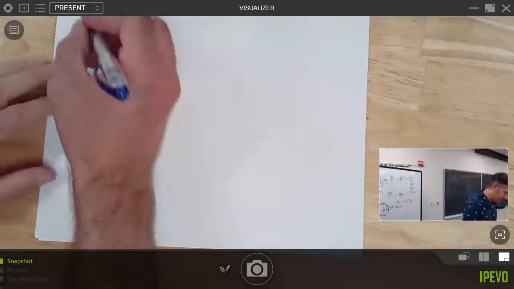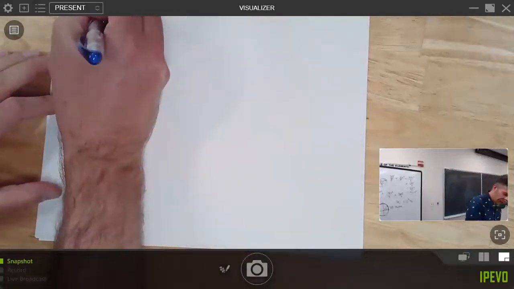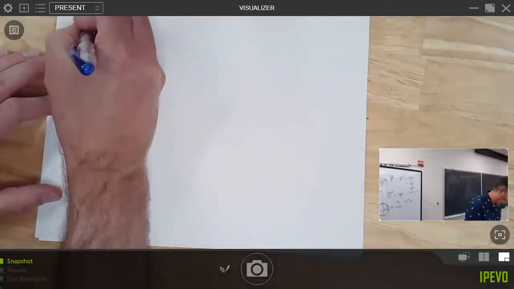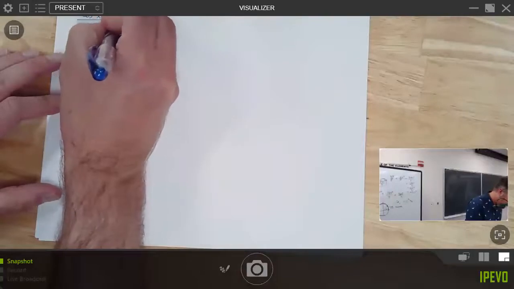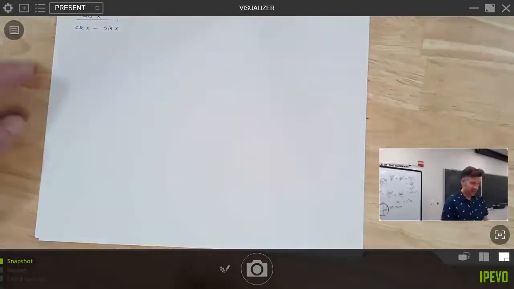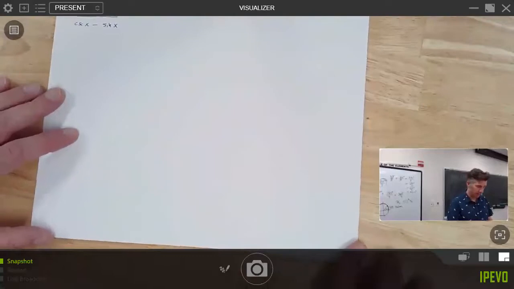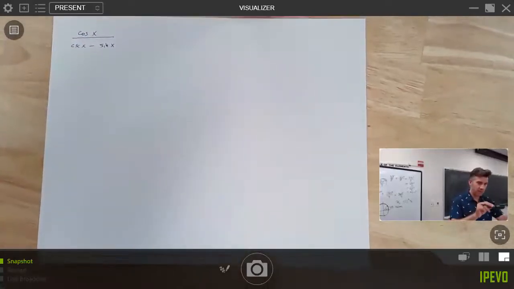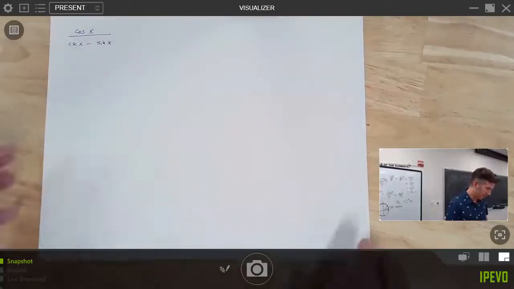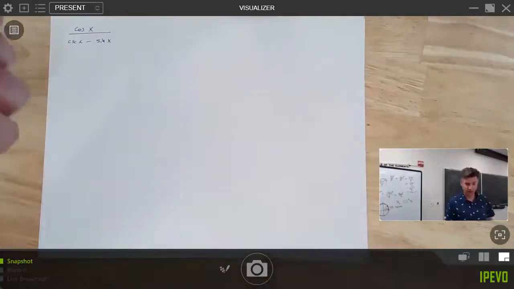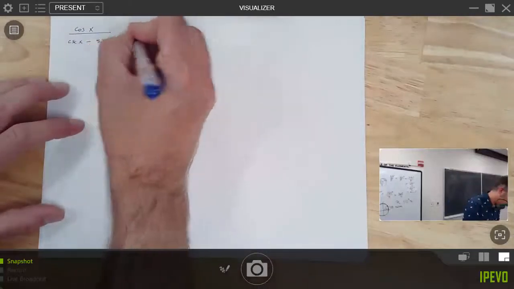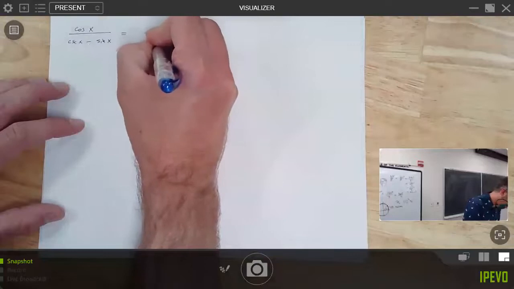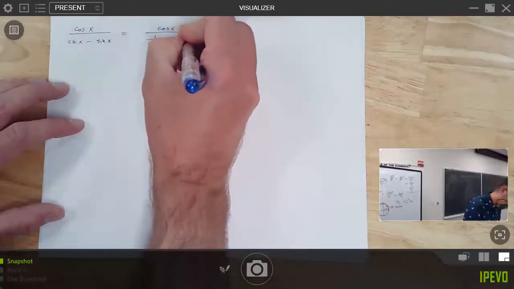So let's look at this one. Cosine of x over cosecant of x minus sine of x. Again, my default plan of attack is usually to write things in terms of sine and cosine. So I'm going to write this as cosine of x over 1 over sine of x minus sine of x.